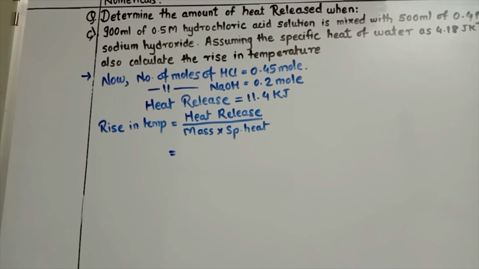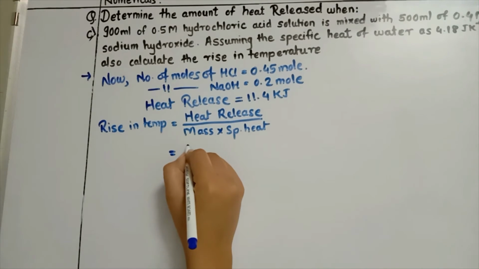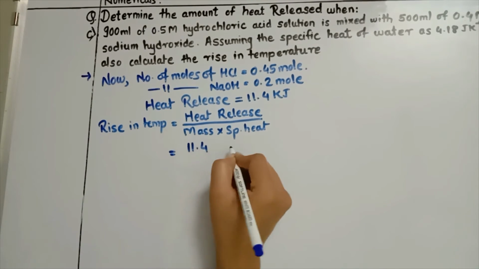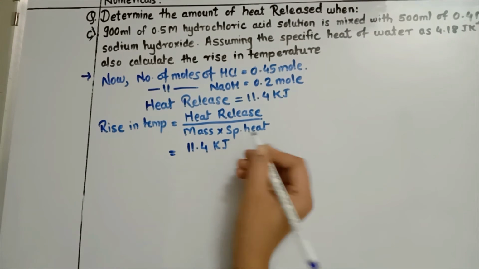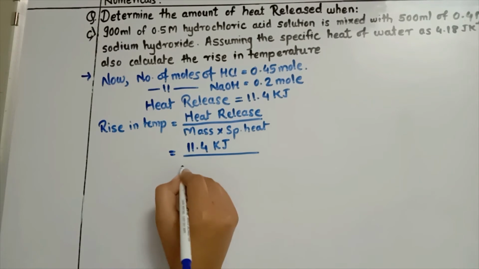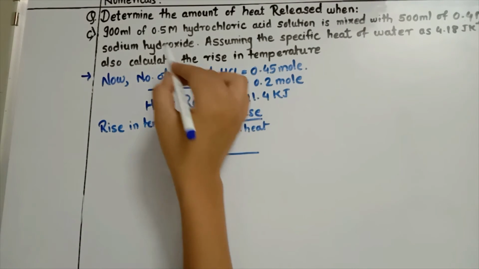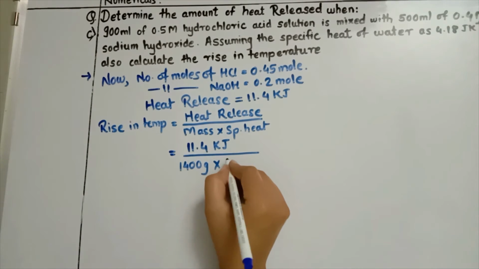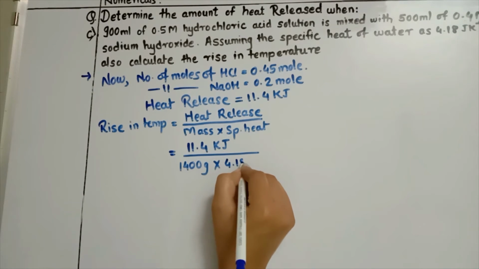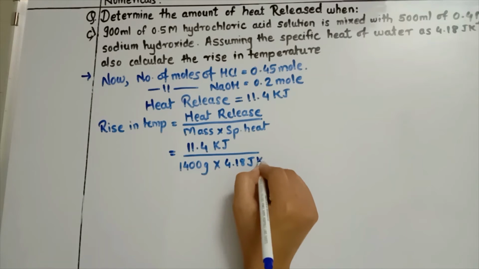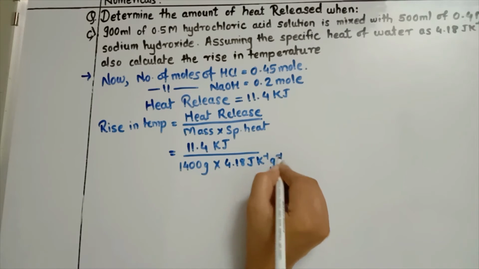Now substituting the values, that is 11.4 kilojoule upon mass is equal to 1400 grams into specific heat, which is given to us in the question, that is 4.18 joule per Kelvin per gram.